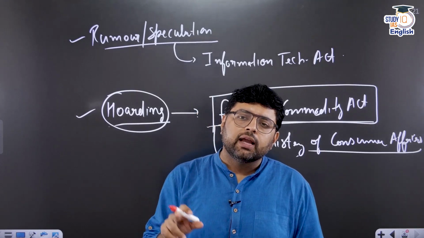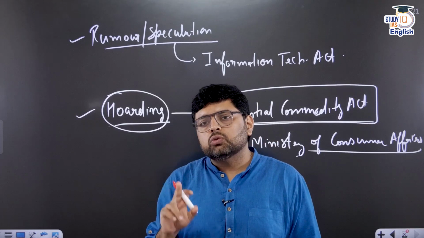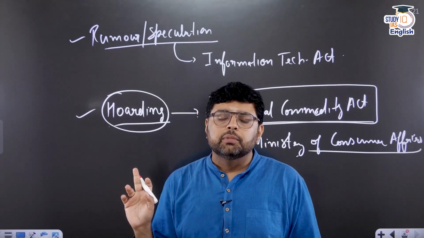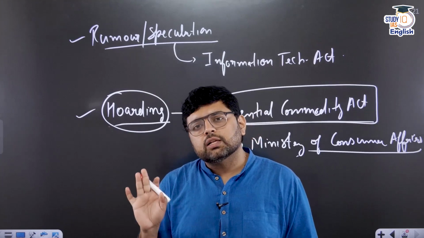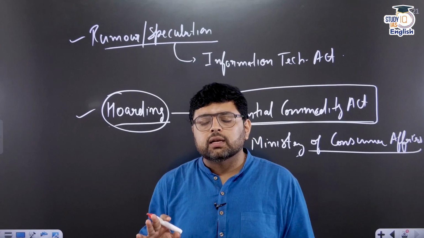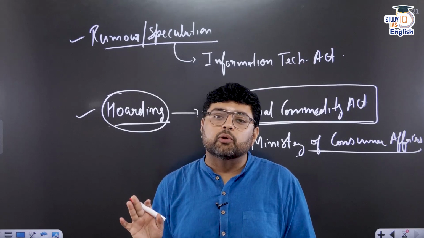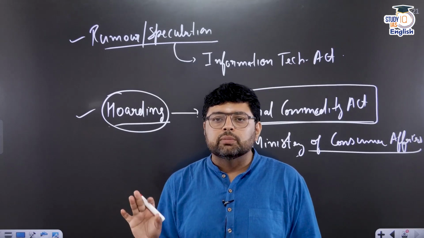So every grocery store has to take permission from the Ministry of Consumer Affairs on how many items they can store. It is not that you can store unlimited products; you can store only to some extent.